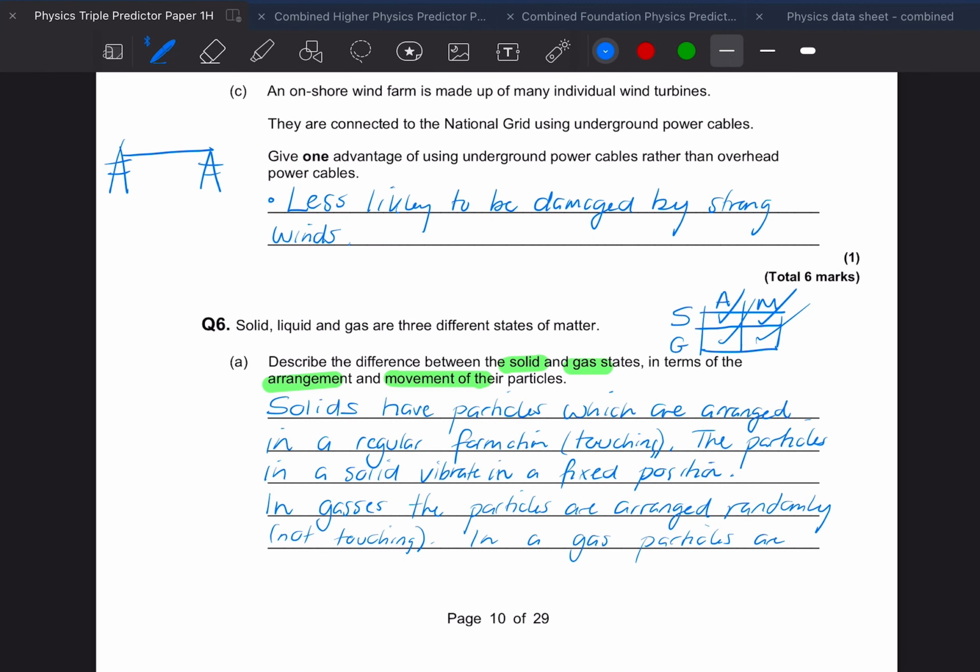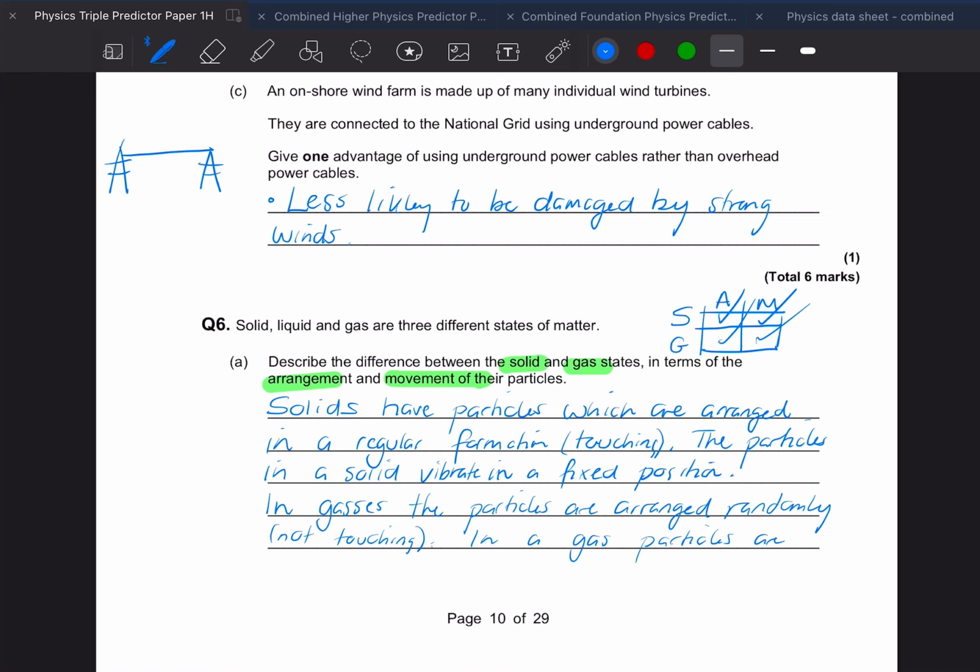We've done that. Solids have particles which are arranged in a regular formation, touching. Yep. The particles in a solid vibrate in a fixed position. Yep. In gases, the particles are arranged randomly, not touching. Yeah.